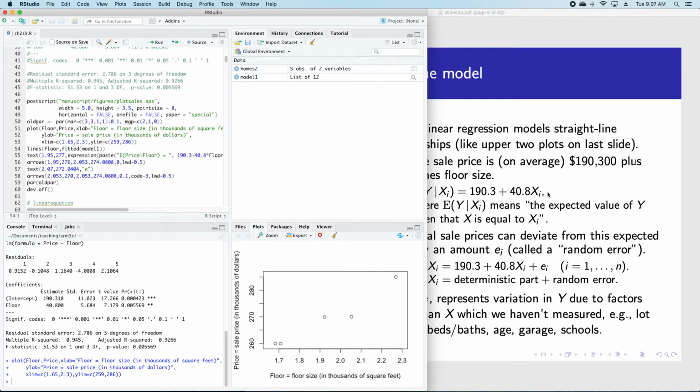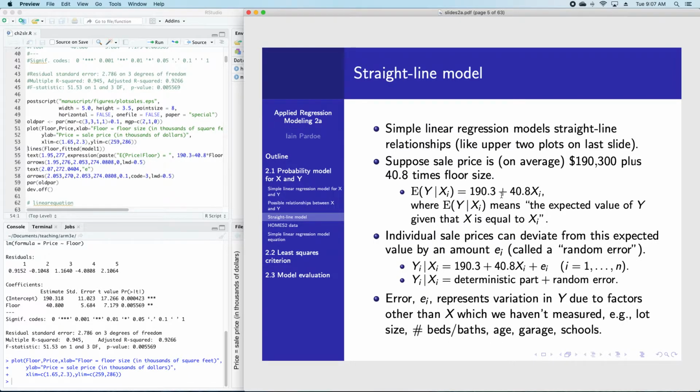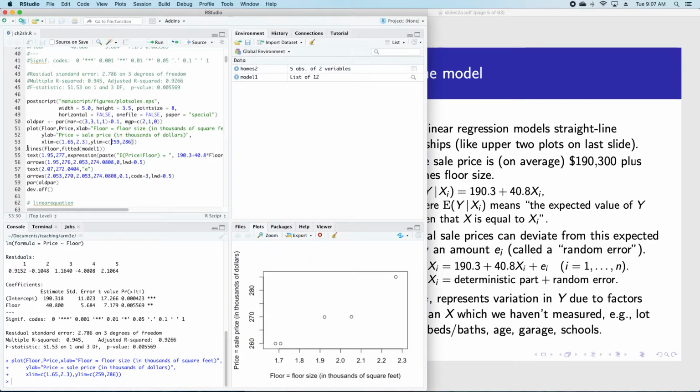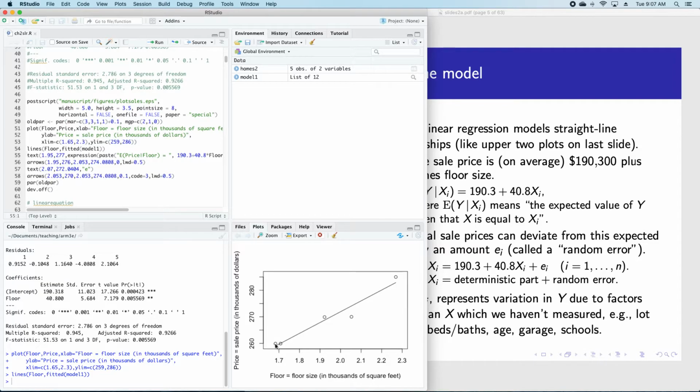And then this equation, 190.3 plus 40.8 times x, geometrically is the equation of a straight line. So I can draw that line on the graph. There it is. This straight line goes through the points and represents the deterministic part of the model, 190.3 plus 40.8 times x.